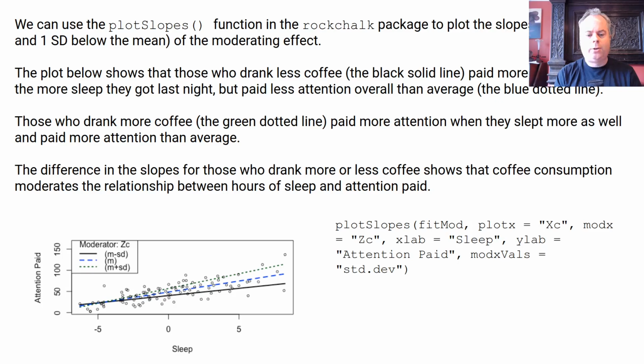Before then moving on to the case of mediation, where the relationship between two variables might change or disappear as a function of a mediator being added. And then finally we looked at the case of moderation, which is to do with interaction effects in the context of regression, where the strength of the relationship between two variables changes as a function of the value of some additional variable.